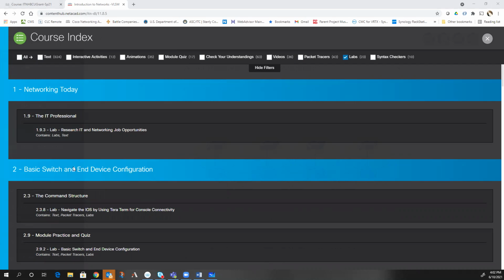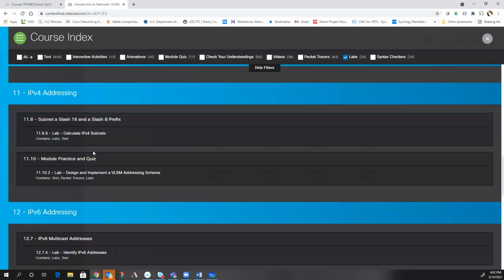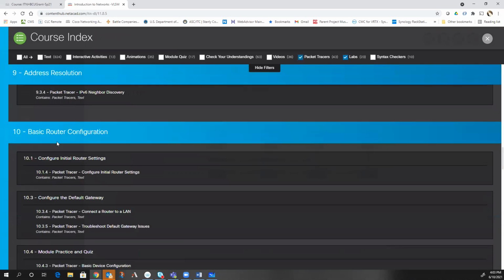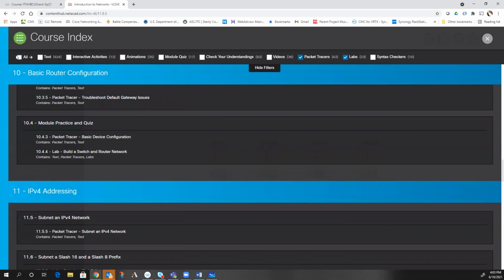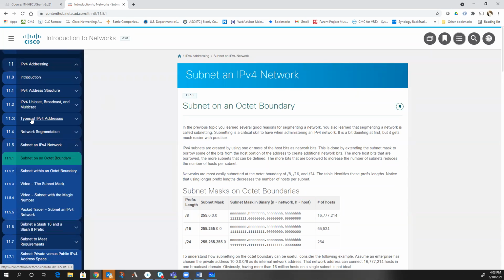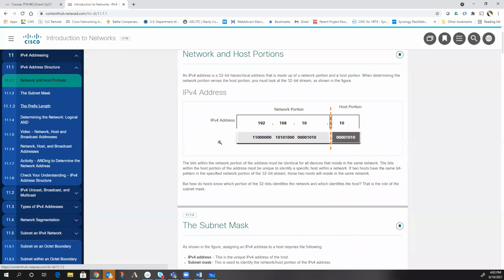11.1.3. Okay. It's the lab module. Packet Tracer or lab? I'm talking about the class that you gave to us on the Cisco. Okay, the module. All right, I'll go here. 11.1.3 right here. Okay. Prefix length. Go down.